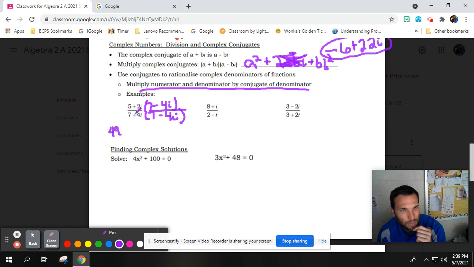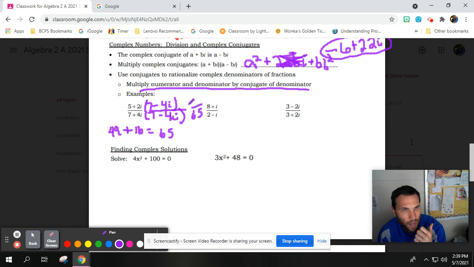Then 4 times negative 4 is 16, so it's going to be minus 16i squared. i squared is negative 1, so negative 1 times negative 16 is positive 16. The bottom is equal to 65.